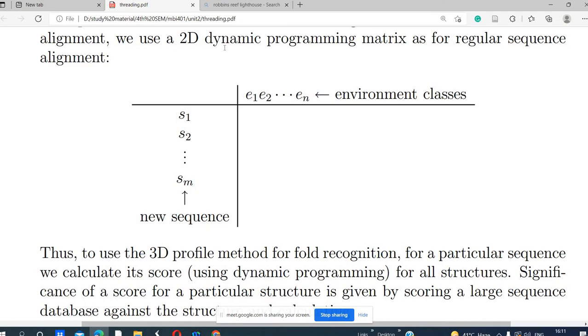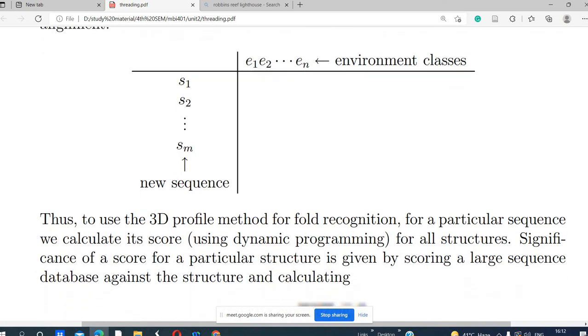So in the rows we are taking sequence residues, but in the columns we are not taking the sequence. We are putting environmental descriptors, which are defined by the environmental classes.